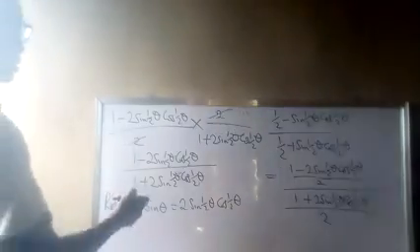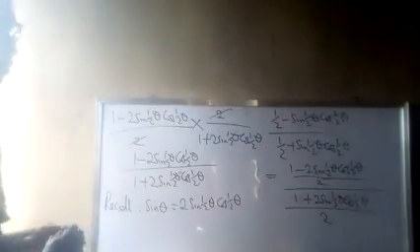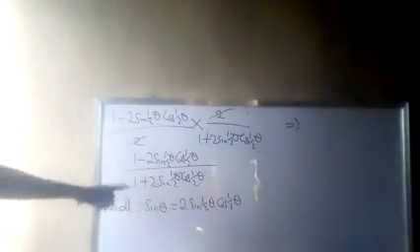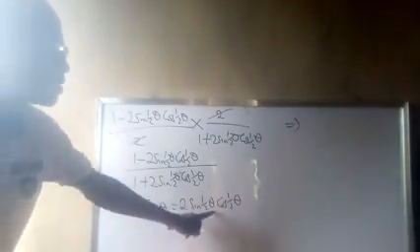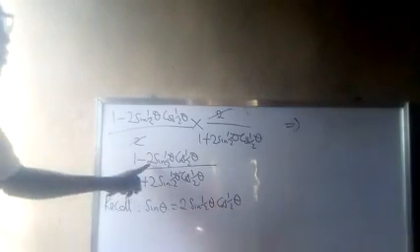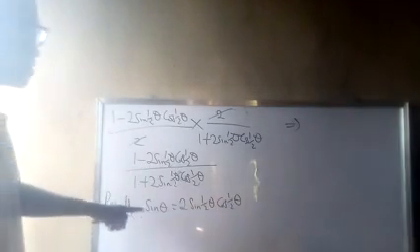So that means that particular fraction will now become what? We said sine theta equals 2 sine half theta cos half theta. So here we have 2 sine half theta cos half theta, and we can replace it by sine theta.